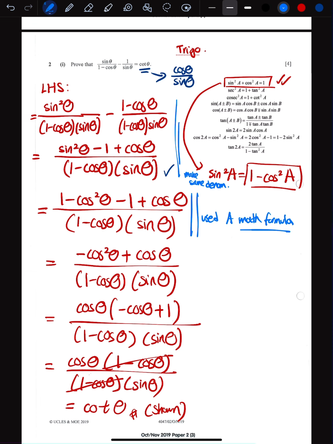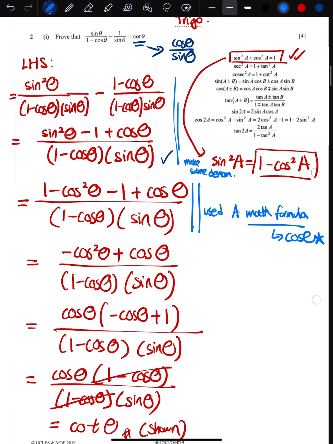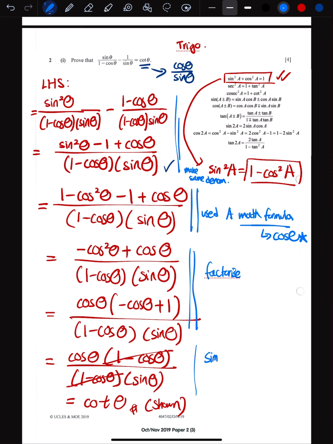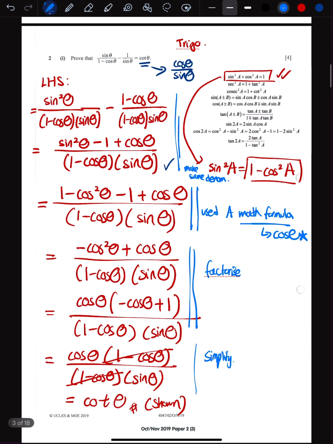We want to convert everything to become cosine theta. So that's the pattern. And after that, we just factorize out cosine theta. So this is just seeing what is common. And afterwards, we just cancel and simplify from here. Okay, so that's for part 1.